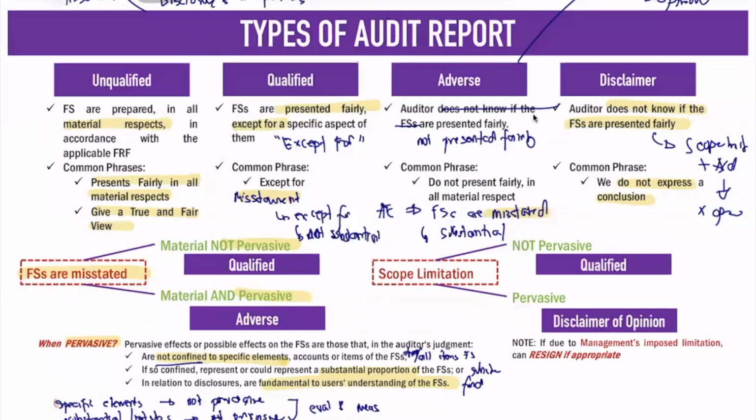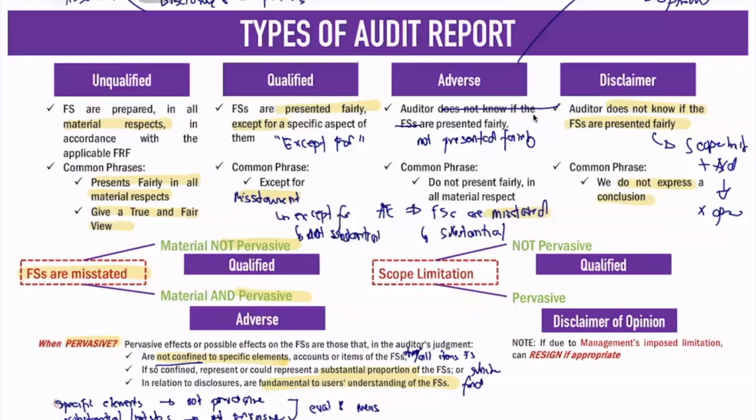If there is a scope limitation and the scope is not pervasive, then qualified only. But if the scope limitation is pervasive, then disclaimer of opinion. When we say pervasive, the effect is too big or too substantial that you cannot create an opinion.